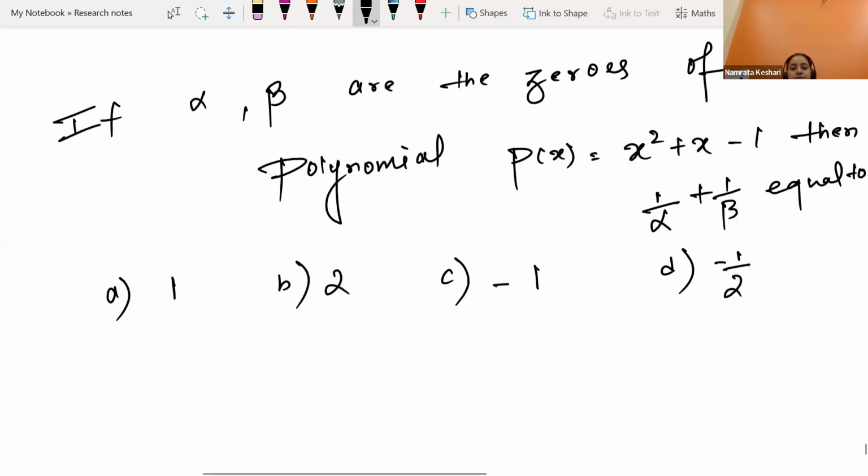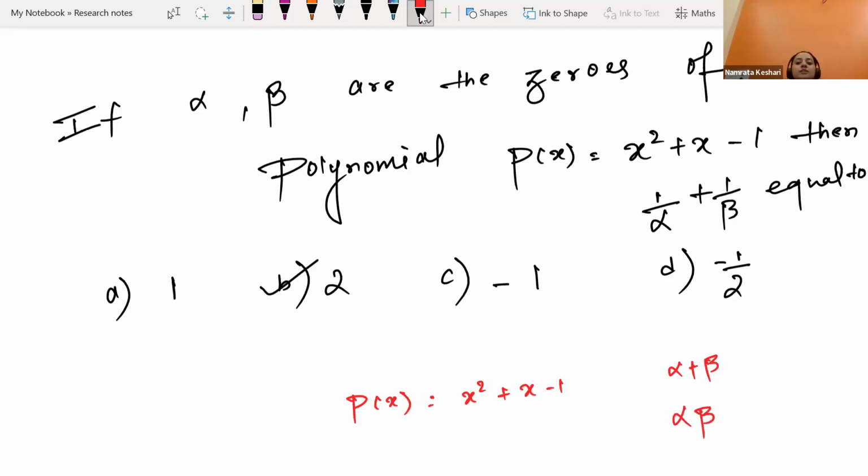Ma'am, option B. Yes, everyone is getting the same. Okay, so how did you do it? p(x) equals x squared plus x minus 1. You must have found the sum of the zeros and the product of the zeros, right? Yes. Sum of the zeros is minus b by a and product of the zeros is c by a.